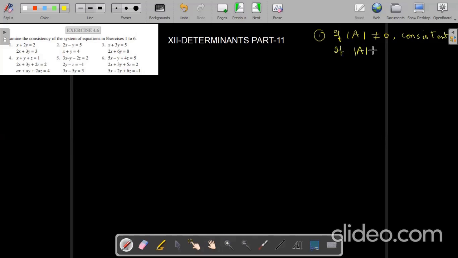And if determinant A is equal to 0, then we have two possibilities.